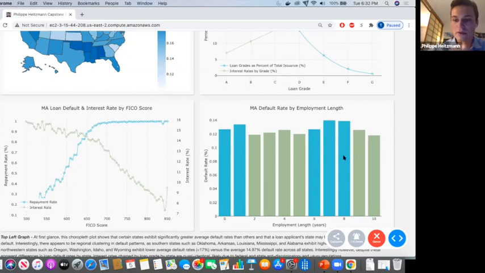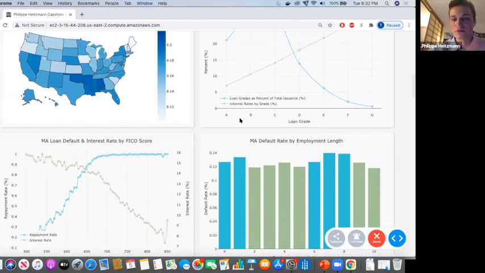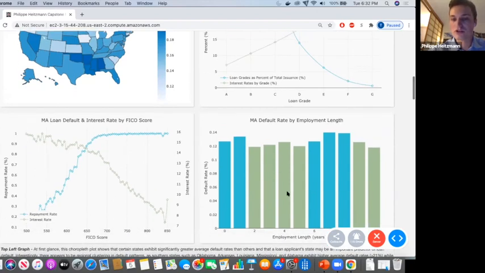In this case, the blue bars are the higher default rate groups versus the green bars, which are lower default rates. And if this were working correctly, I would be able to hover my mouse over all the different states, and this would show that for pretty much all states, this relationship holds mostly true, where on average in the whole data set, those with more work experience actually have higher default rates.